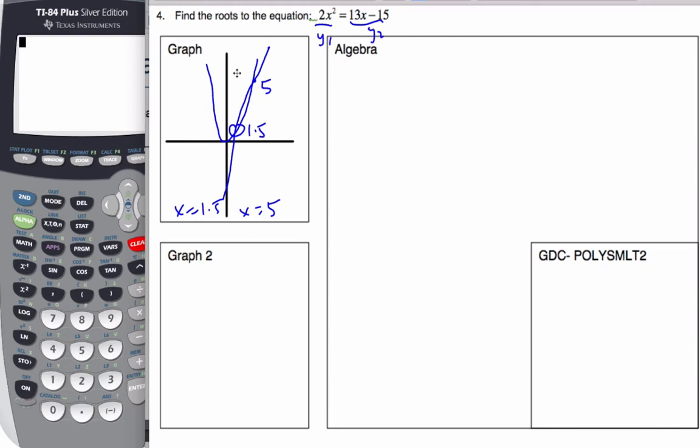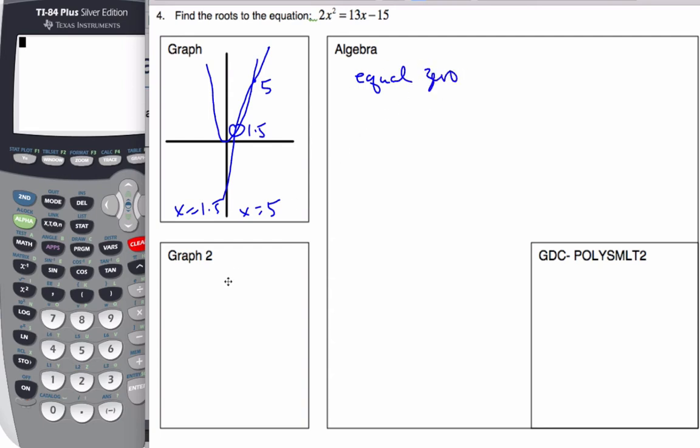Because it's x squared, I get this parabola or quadratic graph and a straight line on the other side, so they intersect twice. The other graphing method, which also leads me to the algebraic method, is if I make one side of the equation equal to 0. And that's a key. I want it to equal 0.